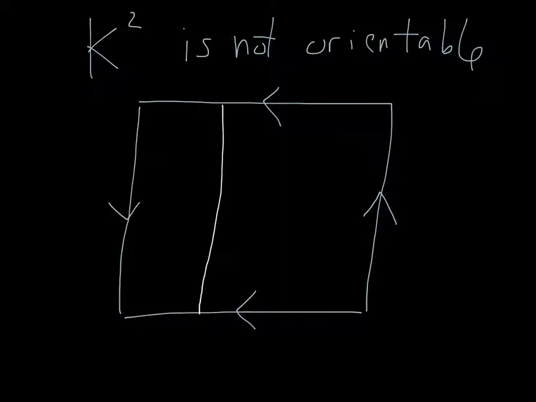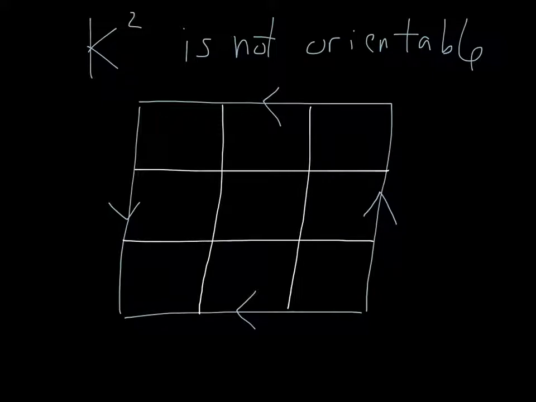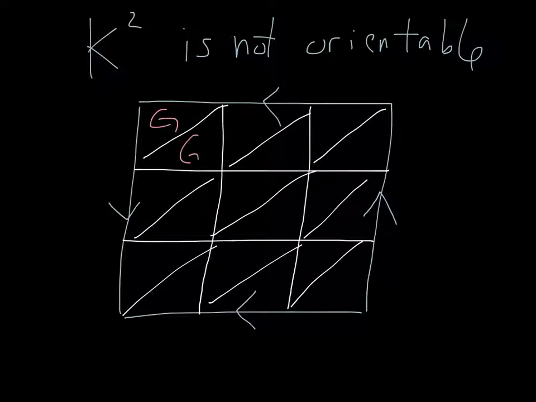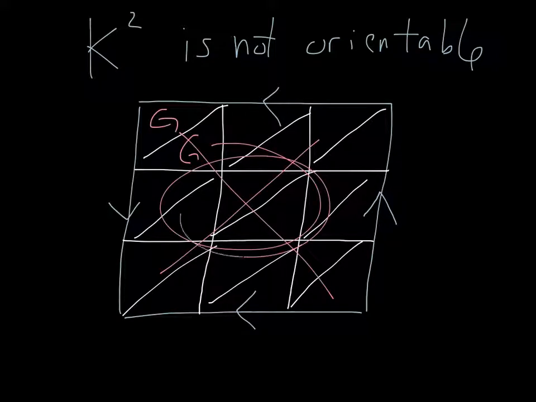Now, to show something is orientable, we just have to find a single orientation. But to show something is not orientable, it's not enough to, for example, make the tic-tac-toe board and draw diagonals and then draw some orientations and see what happens. That's not going to work.